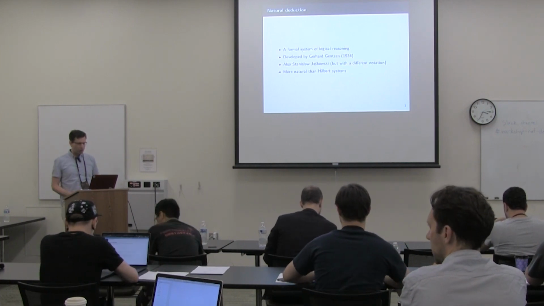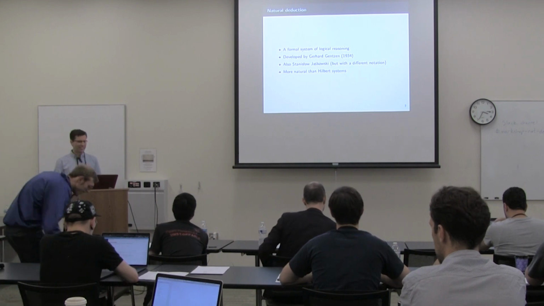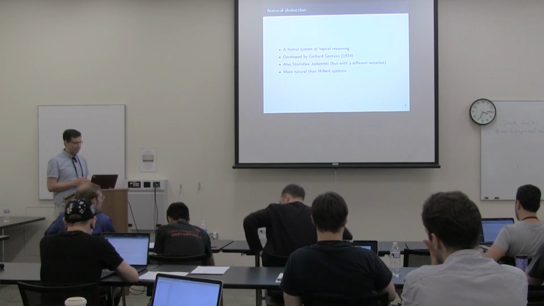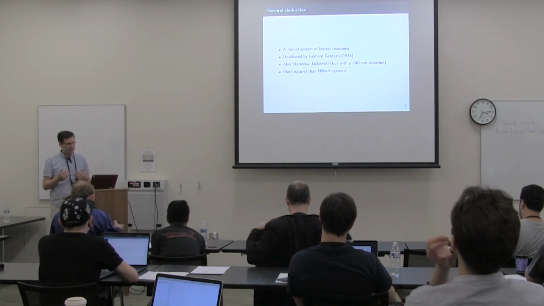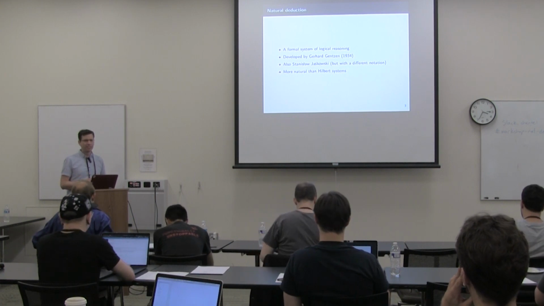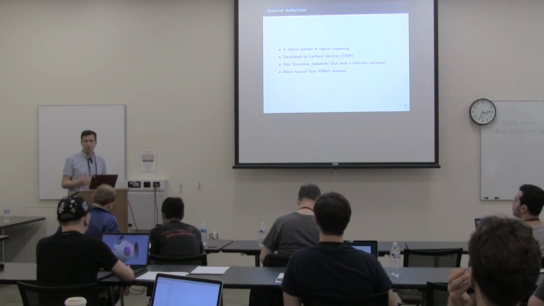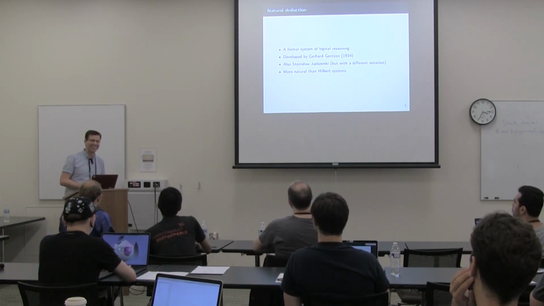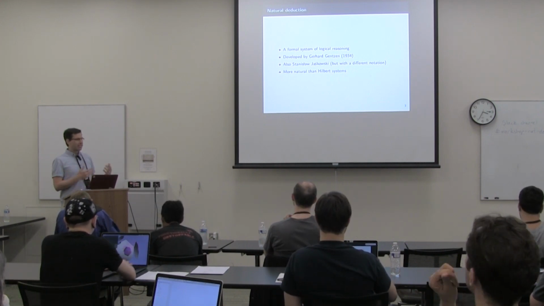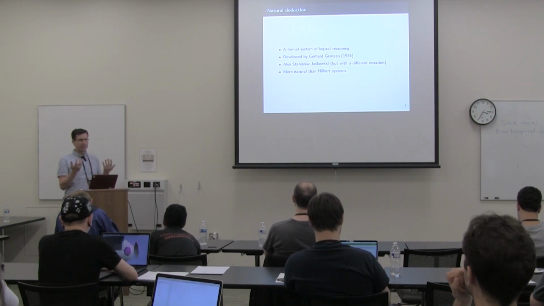Natural deduction is a formal system of logical reasoning. It was developed independently by Gerhard Gentzen and Stanisław Jaśkowski, but they used different notations. I hope I said that correctly for any Polish people here. The notation we're going to be using comes from Gentzen, and it's a tree-like notation.